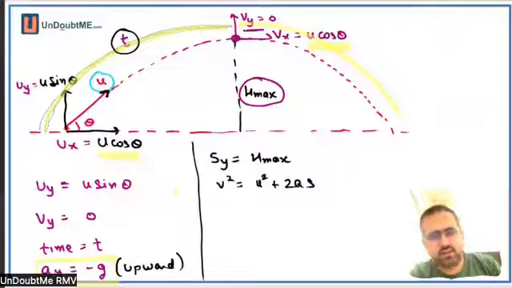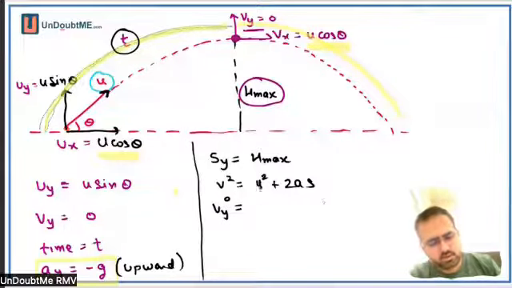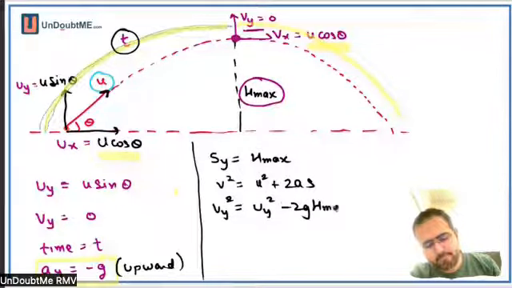Why am I emphasizing this? Because this Vy is 0. You can get the answer from the previous one also. But since Vy is 0, you can get it in a much easier way from here. Vy is 0.